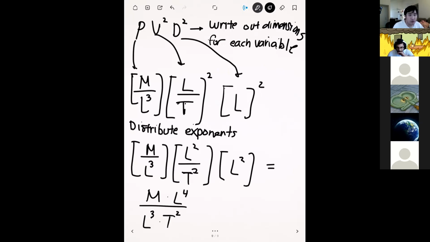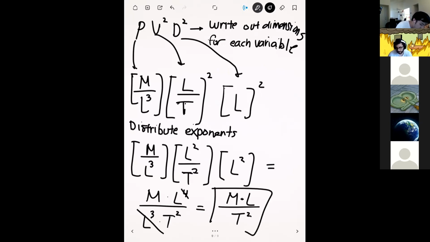In that step, I just did L squared times L squared, which is L to the fourth. Now we can simplify this. We have L cubed on the bottom and L to the fourth on the top, so the three L's on the bottom are going to cancel out with three L's on the top. So we have M times L to the first power, all over T squared.